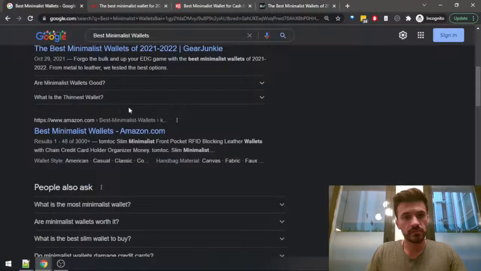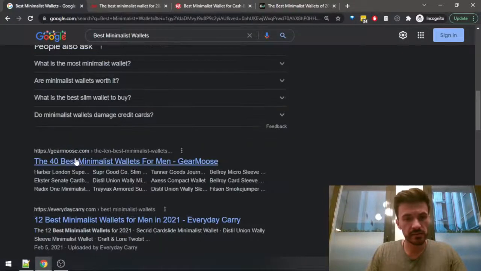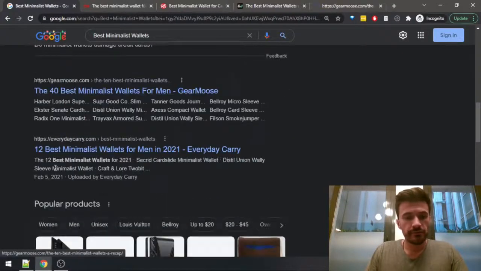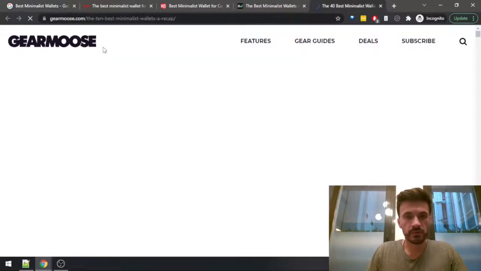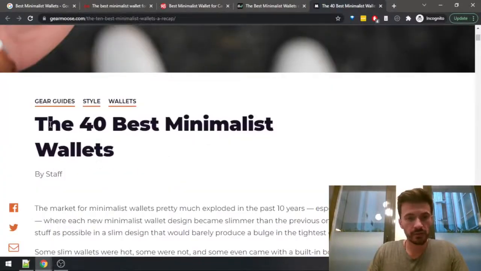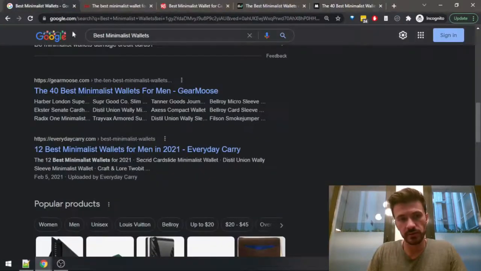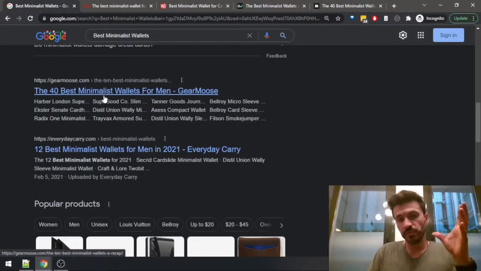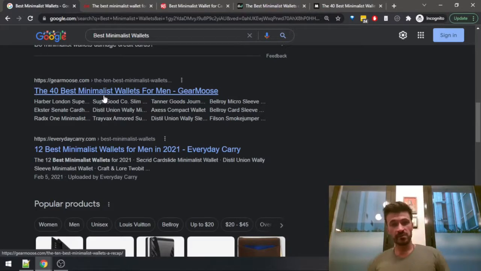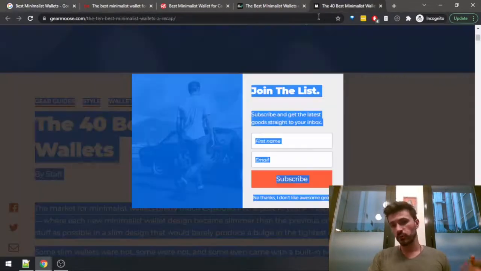This is an Amazon page, I opened that by mistake, I guess. 4,012. So this is probably going to be the longest one. I'm going to look for the longest article for the keyword I'm targeting. So I believe this is probably going to be the longest one, both in terms of the number of products in the list article, and in terms of keywords.